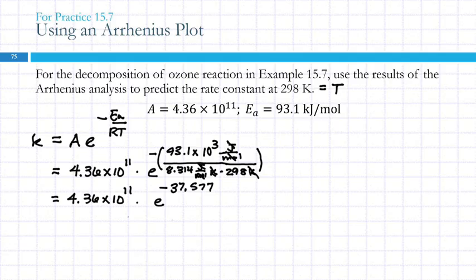4.36 times 10 to the 11th times e to the negative 37.577. I have my calculator set to show me things in decimal notation, which most of the time is good.